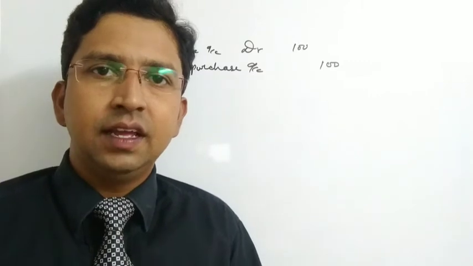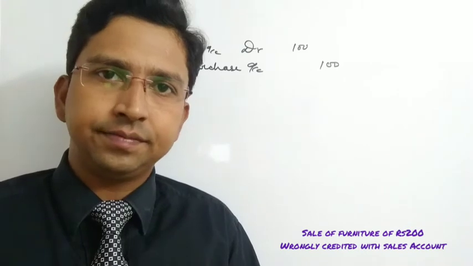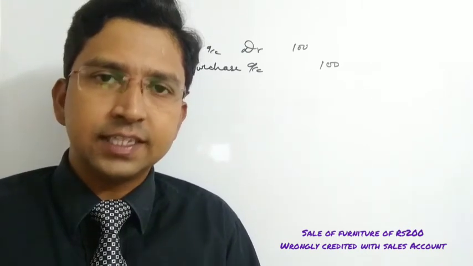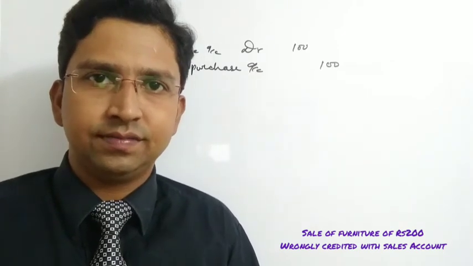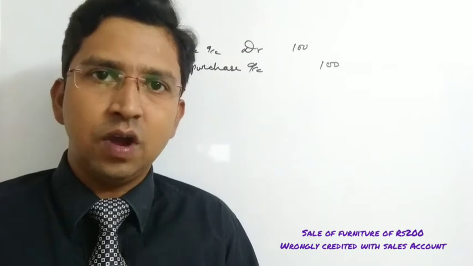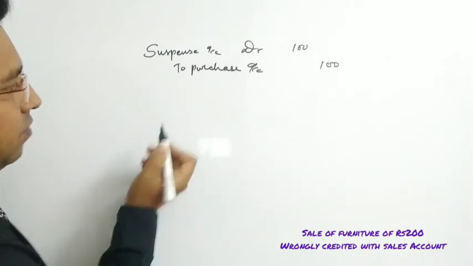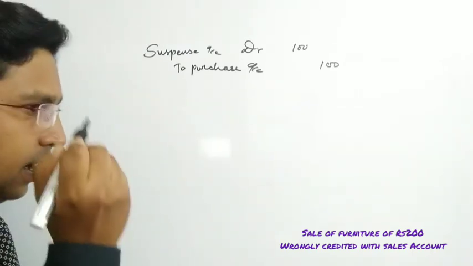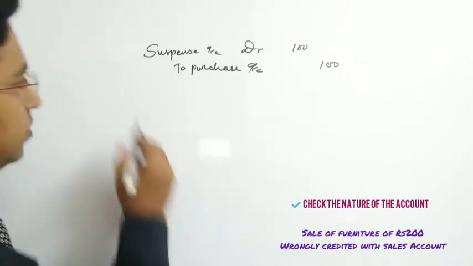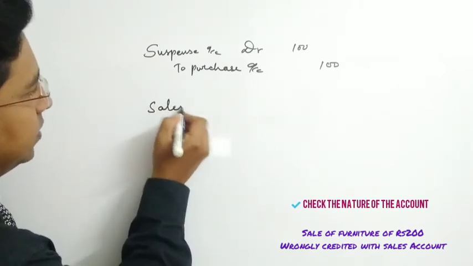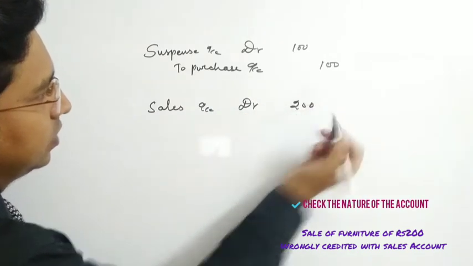Let us have an example. Sale of furniture of rupees 200 credited to the sales account. This is a two-sided error. Two accounts have been affected. So the entry would be: first, the sales account should be reversed. Sales account always shows the credit balance, so here we have to debit the sales account. Sales account debit 200.